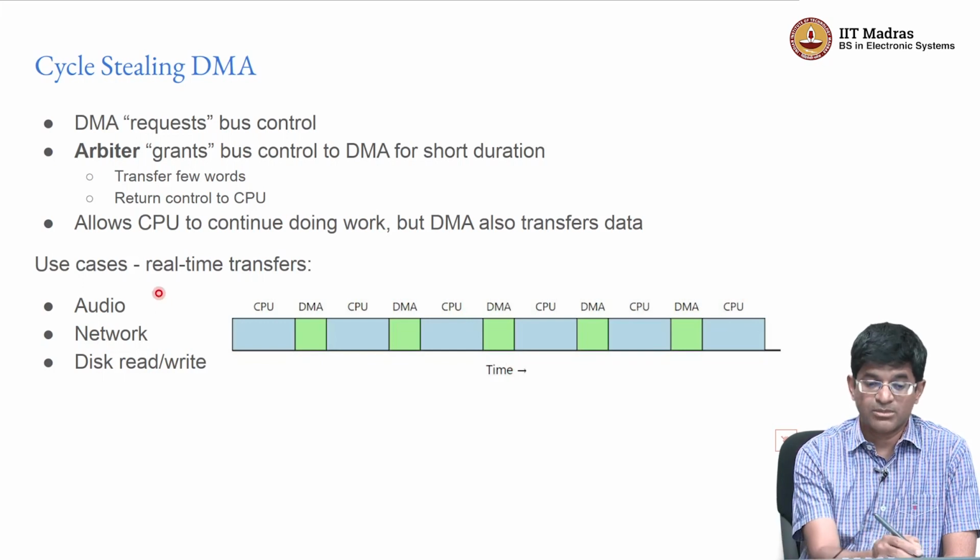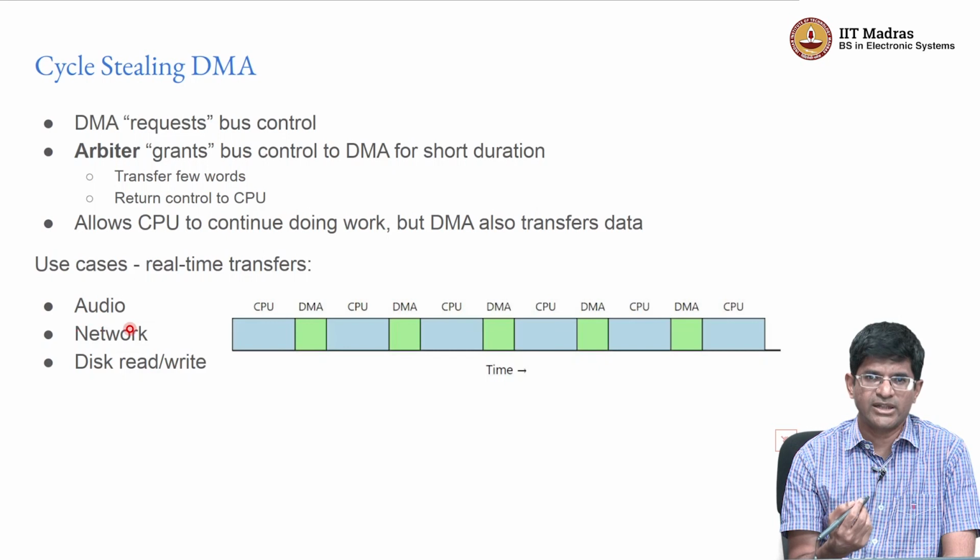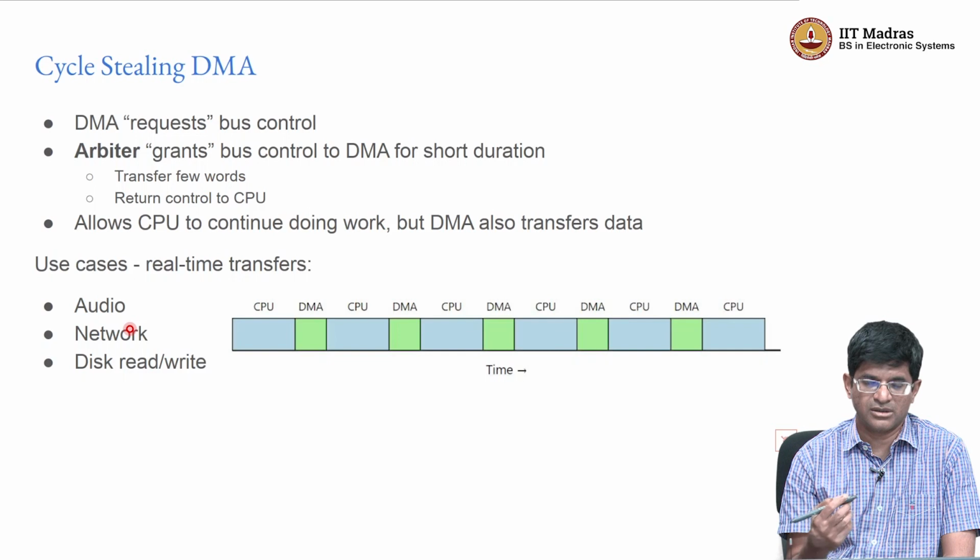Now this allows some really interesting real-time use cases, especially for things like audio, where the sampling rate is actually not terribly high. It's on the order of tens of kilohertz, right? But you need to have real time, because if I miss the deadline within which data has to be actually copied into either the transmit buffer or the processing buffer or the filter or whatever it is that I have, I will actually suffer a loss in quality, right?